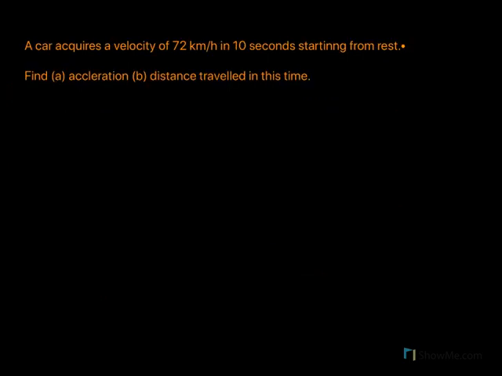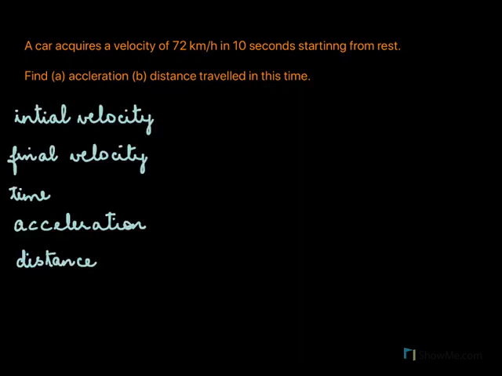A car acquires a velocity of 72 km per hour in 10 seconds, starting from rest. Find the acceleration and the distance traveled in this time. A car acquires a speed of 72 km per hour.